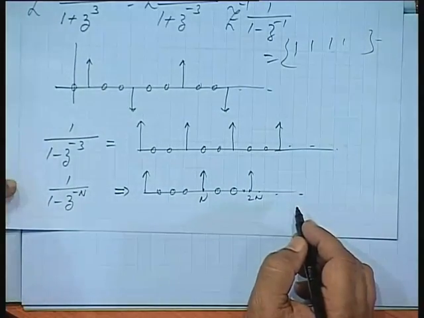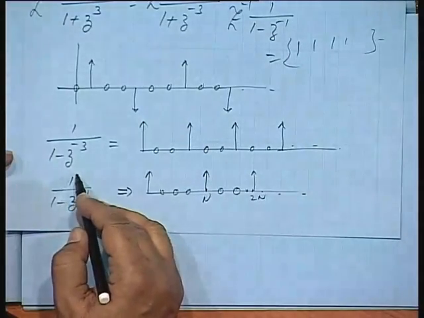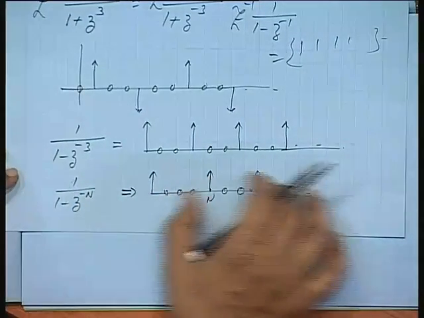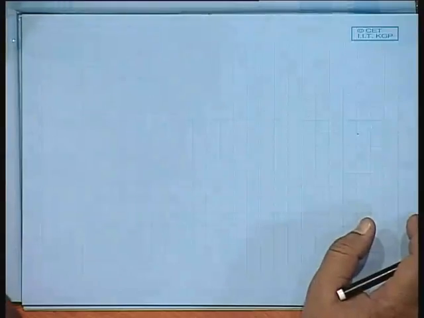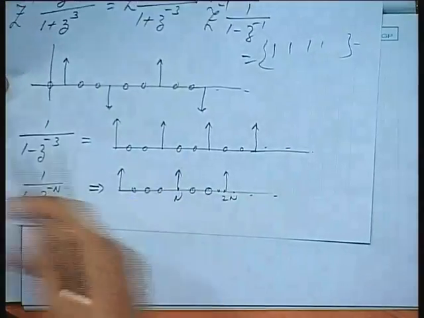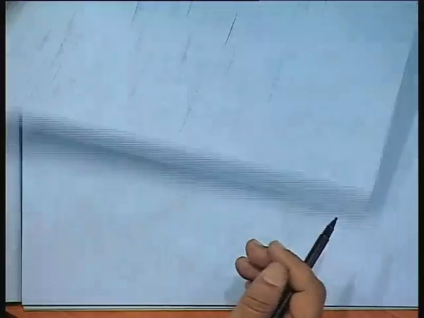Is that all right? If it is plus, then it will be alternating in sign. If there is any z to the power minus 2, 3, so many shifts will be there in the sequence. We will be making use of this property at some stage. So, I just wanted to brush up this.